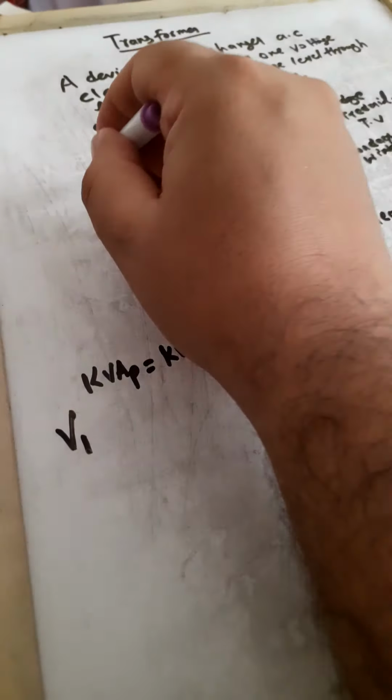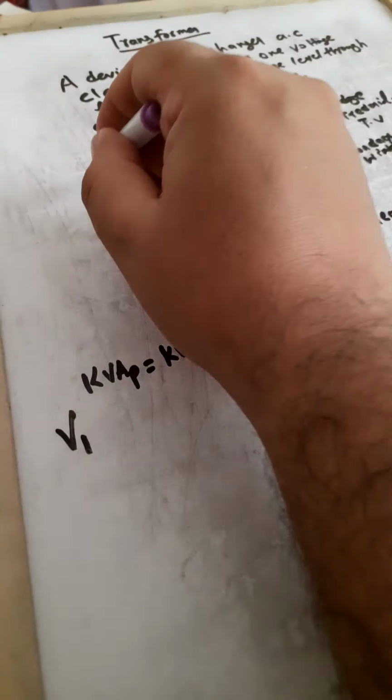From one of my earlier equations, N1 by N2 was equal to I2 by I1. So this term is again equal to N2 by N1. We can clearly see this term N1 by N2, let us call it equation 1.